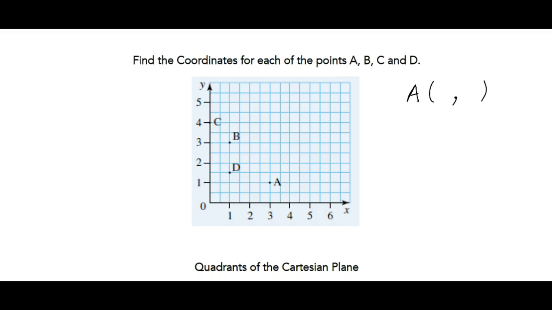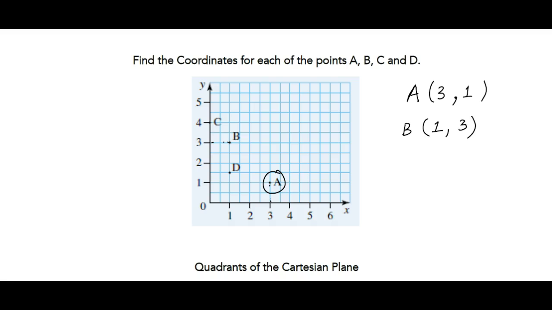For point A, the x value that we can note is a 3, and the y value is going to be a 1. Let's go to point B. For point B, the x value is a 1 and the y value is a 3.